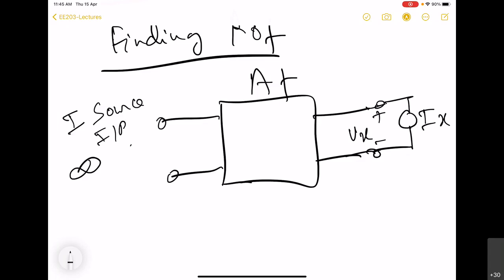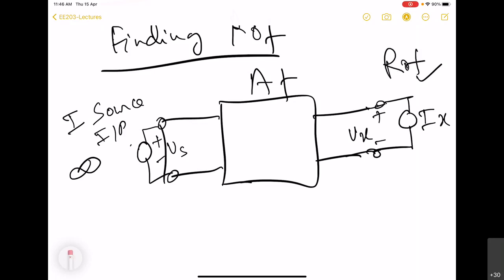Recall for the voltage amplifier, this input side was shorted because for a voltage amplifier, this input side will be excited by an ideal voltage source. And for an ideal voltage source, we know that impedance is 0. So that is why for finding out the output impedance, this was shorted.